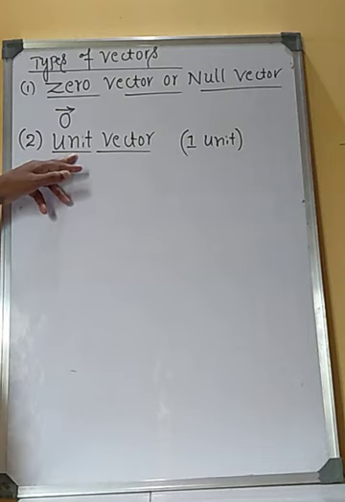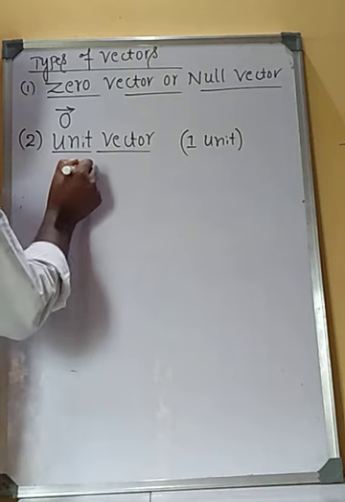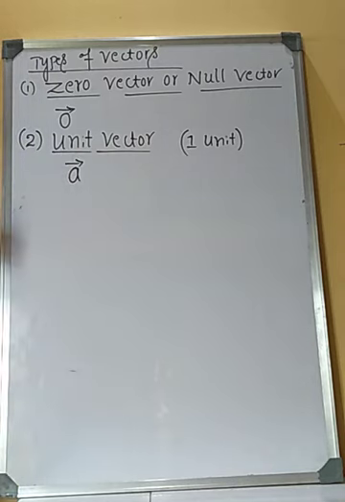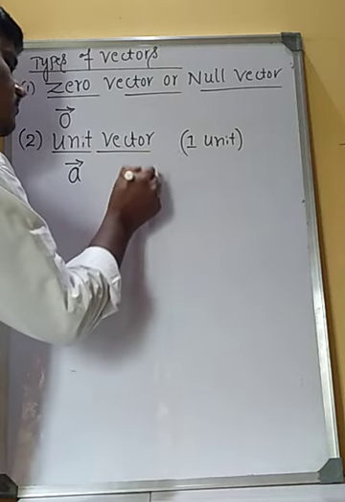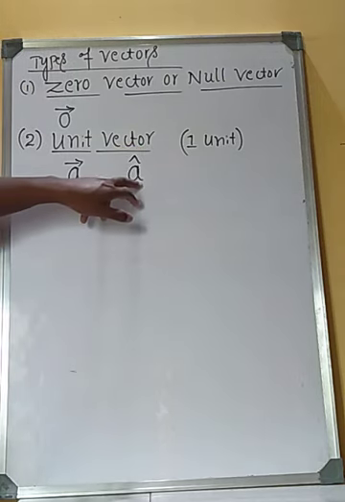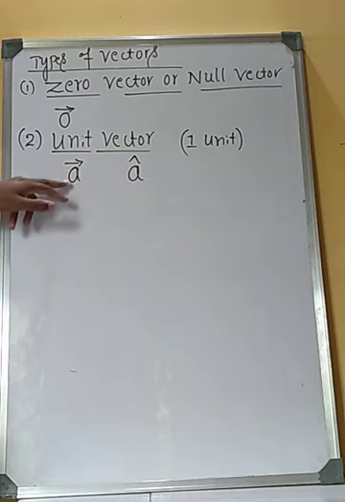The unit vector in the direction of a given vector A is denoted by A cap. So A cap is a unit vector in the direction of vector A.